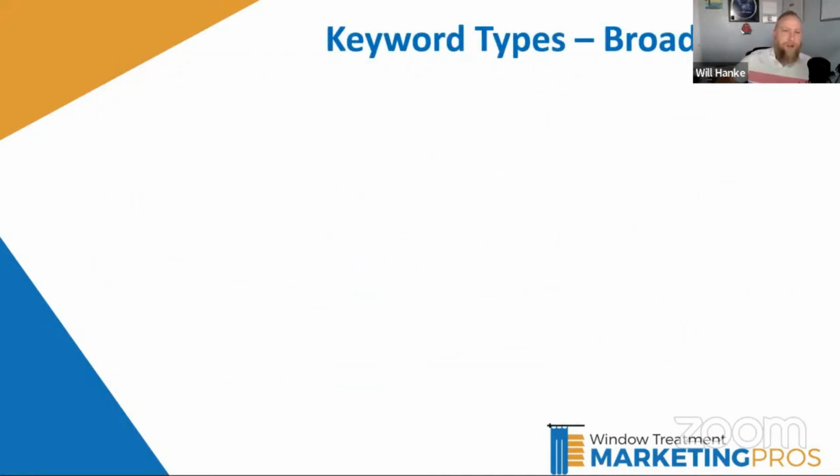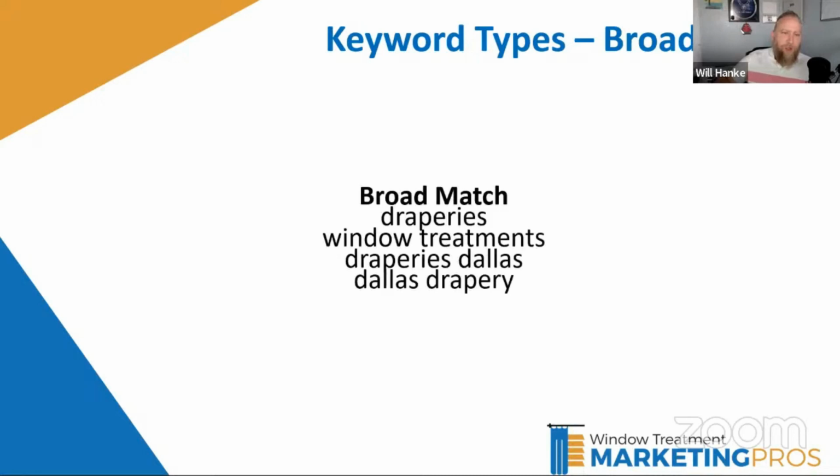When it comes to keywords, there are a couple different types. First of all, we have broad match, which is draperies, for example, window treatments, draperies, Dallas drapery. If you wanted to show your ads anytime somebody put in the word drapery, then Google would treat that as anybody who put in that word, no matter what their search phrase was.